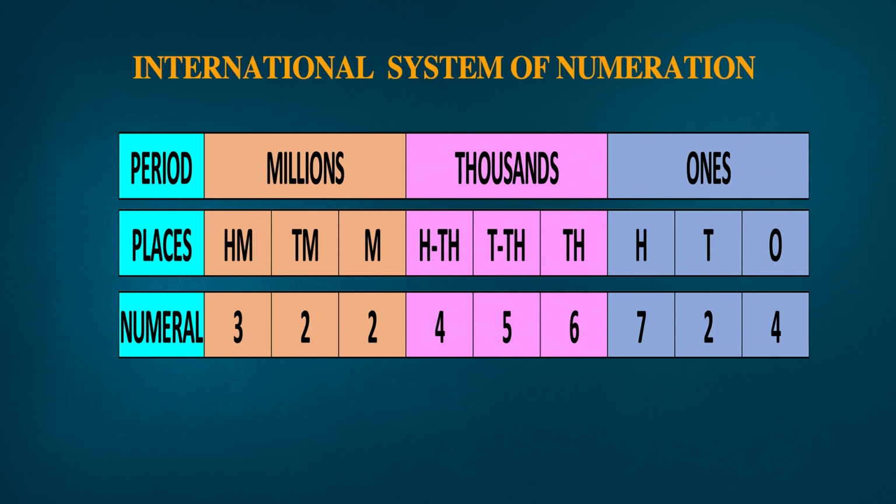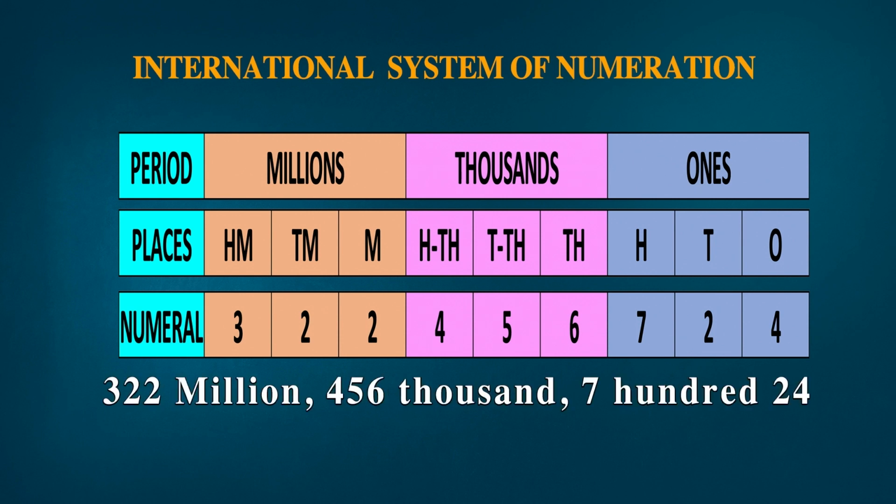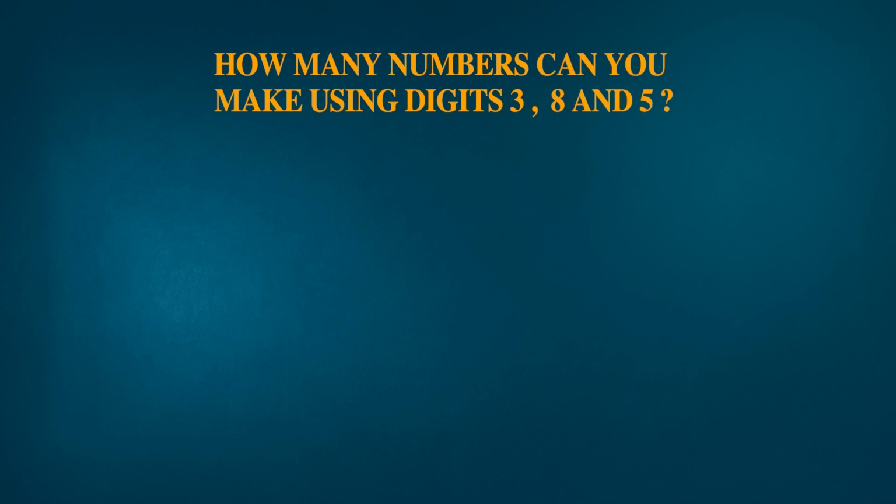So, the number 322,456,724 is read as 322,456,724. How many numbers can you make using digits 3, 8 and 5?